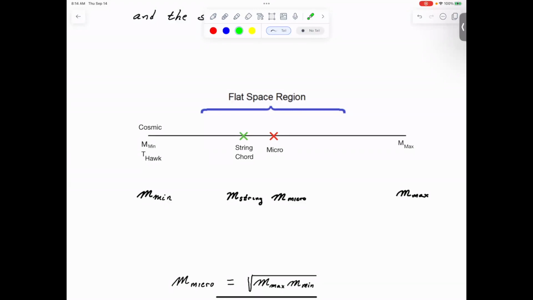And there's a region of scales which contains the microscale, the string scale, and a very broad variety of scales for which flat space is a good approximation, for which we don't have to worry about the curvature of the de Sitter space.